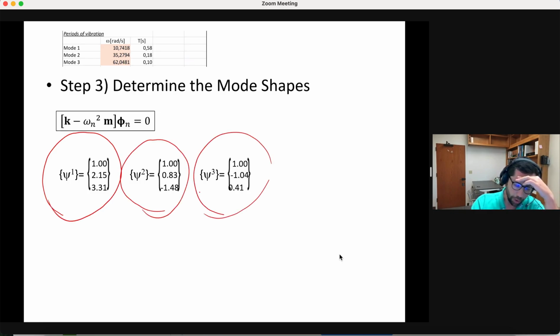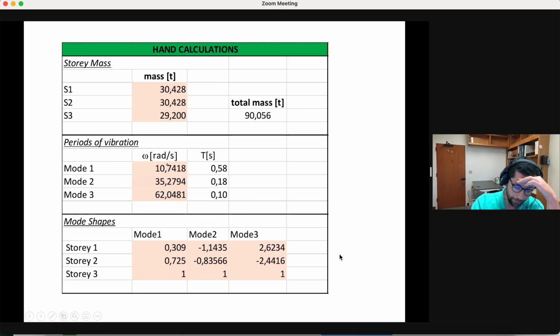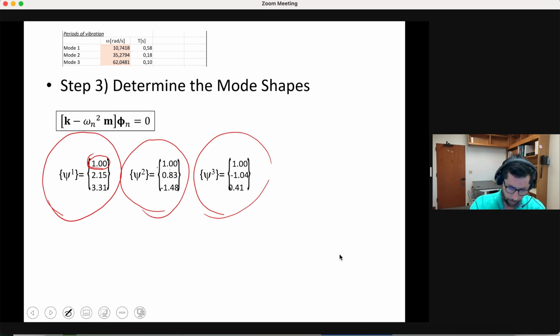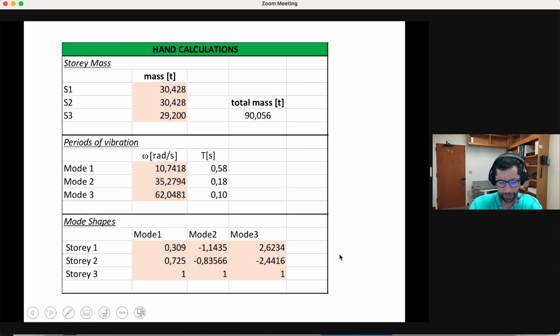As before, you can set one of the degrees of freedom to 1. For instance, in this case, we are setting these degrees of freedom to 1. We are doing that because only the shape of the deformation is important, not the absolute value. Clearly you can write all these results in Excel.